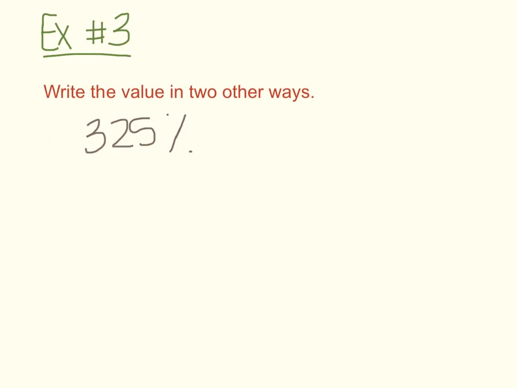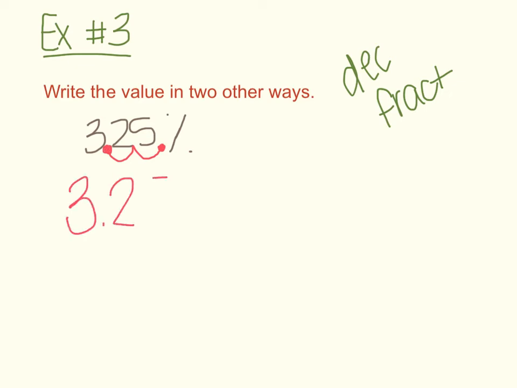Example 3. Again, doing a decimal and a fraction. Let's do our decimal first. We always imagine the decimal at the end if there is not already one in the number. We move it over 1, 2 places to make it a decimal, and we have 3 and 25/100ths as our decimal.